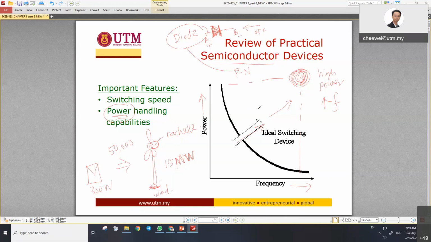If this IGBT can increase its capability from 1 kilowatt to 10 kilowatt, then it will be able to cater to more high power applications. IGBT is normally used in the inverter. So those are the important features of electronic semiconductor devices: the frequency expanding and also the power handling capabilities.